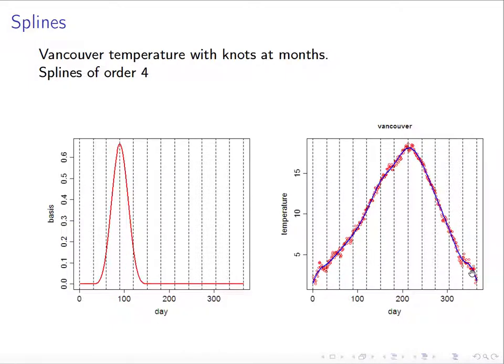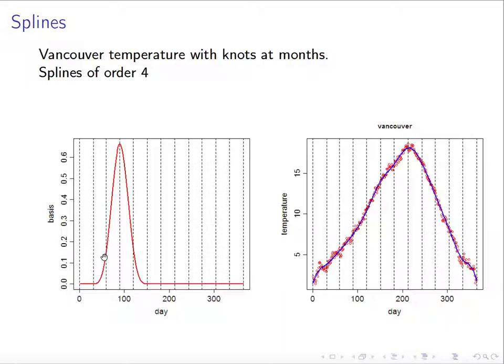We can also look at order 4. Order 4 B-splines means in each segment it is a degree 3 polynomial function. This shows one order 4 B-spline basis function, which is nonzero over 4 segments, and in each segment it is a separate cubic polynomial.